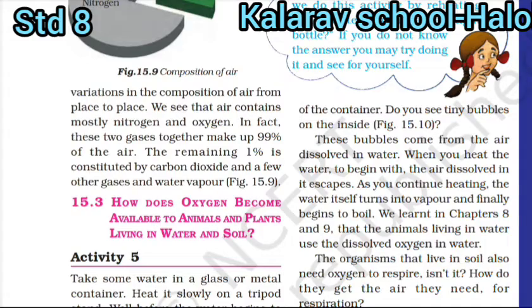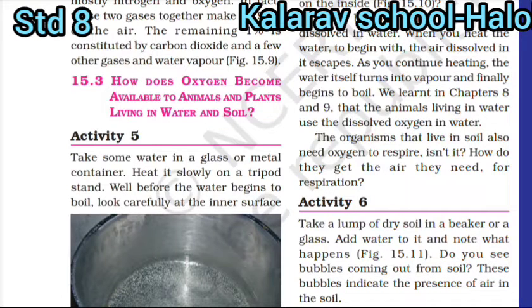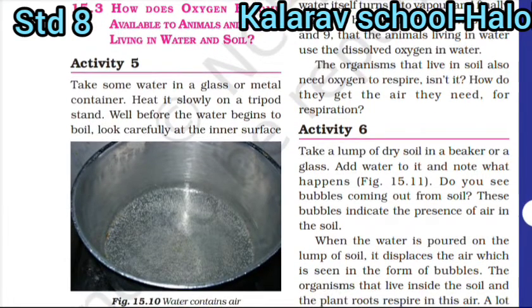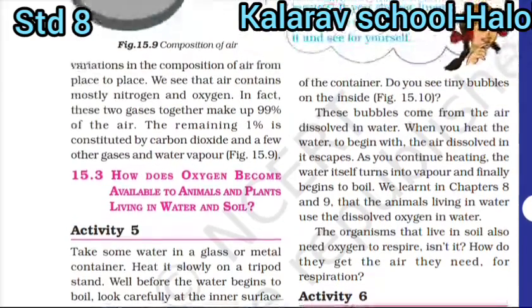Now, how does oxygen become available to animals and plants living in water and soil? Take some water in a glass or metal container. Heat it slowly on a tripod stand. Before the water begins to boil, look carefully at the inner surface of the container.